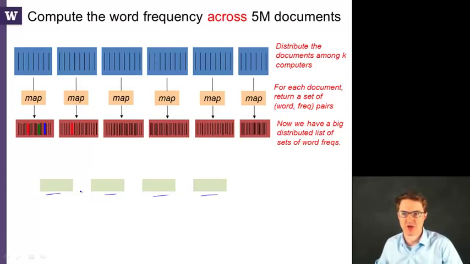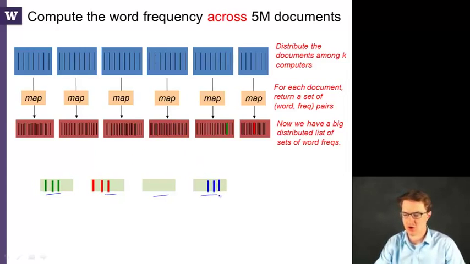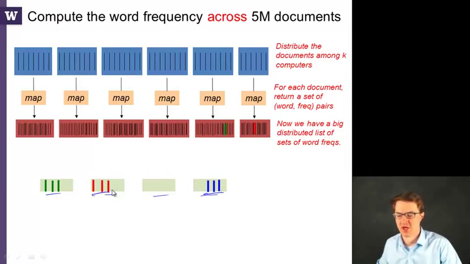Imagine all these little colored red lines are occurrences of words, such that all the red lines represent occurrences of a single word, and all the green lines represent a different word, and so on. Well, these are going to get sent to their respective locations, such that this worker is in charge of handling all the occurrences of the blue word, and this worker is in charge of handling all the occurrences of the red word, and so on.